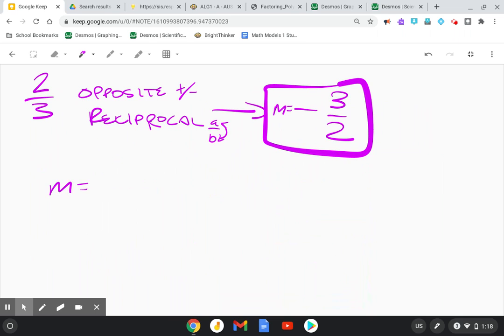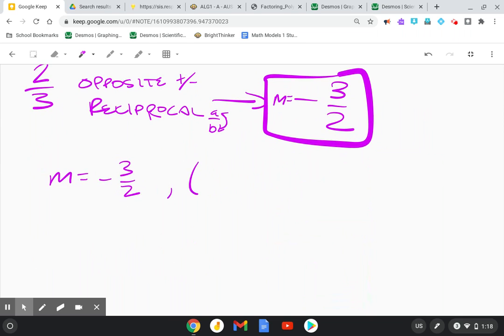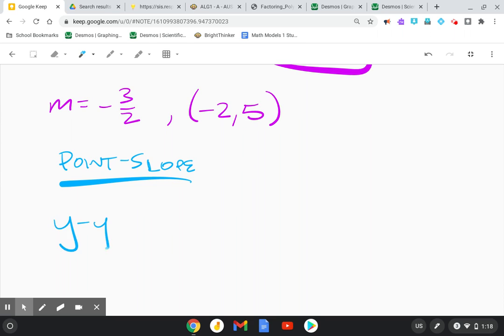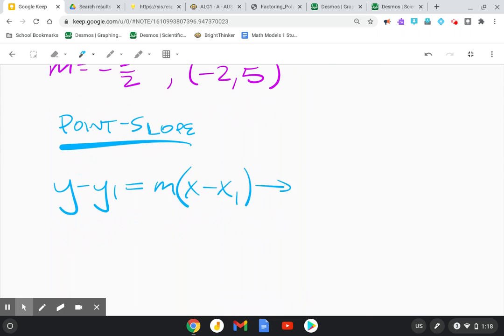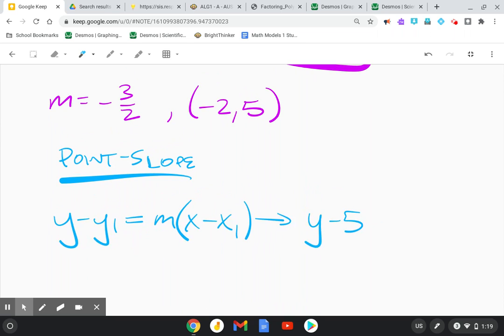So again, we have an m of -3/2, and we have a point of (-2, 5). So we're going to do our point slope formula again, which is y minus y1 equals m times x minus x1. Plug that in. We get y minus 5 equals -3/2 times x minus -2.